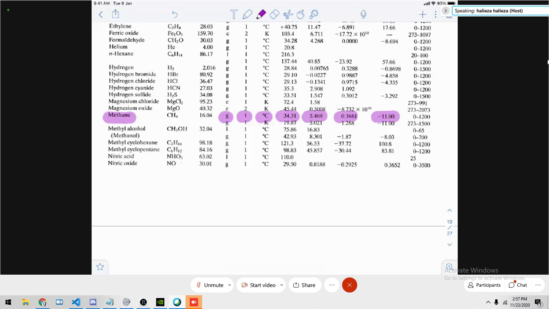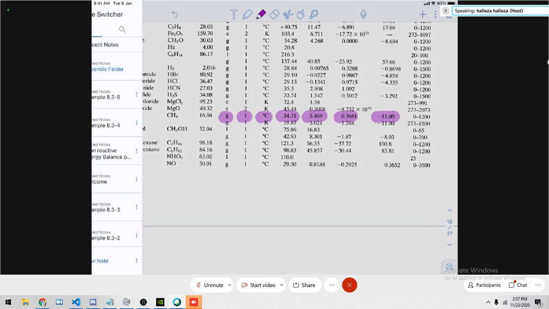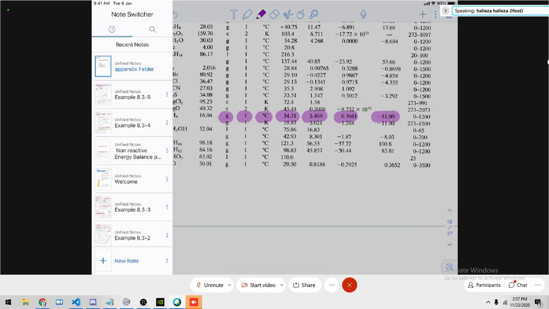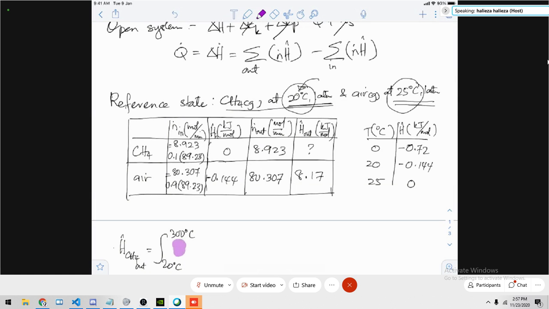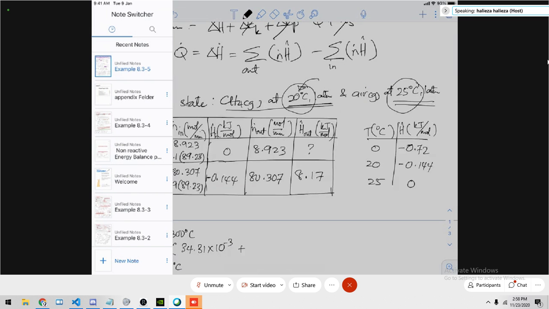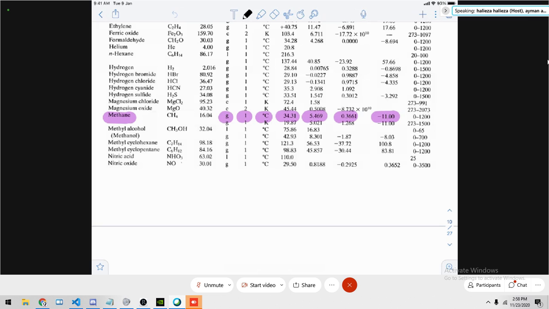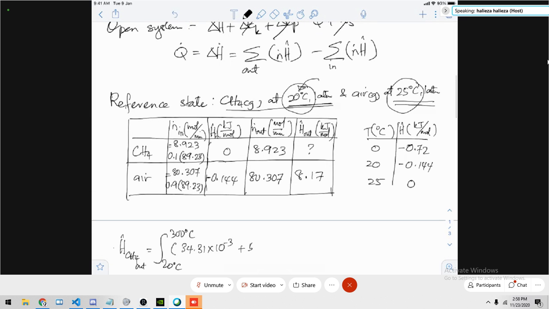I'm going to have a hard time writing it down because I need to flick through. It's 34.31 times 10 to the power minus 3, plus 5.469 times 10 to the power negative 5 times the temperature term.